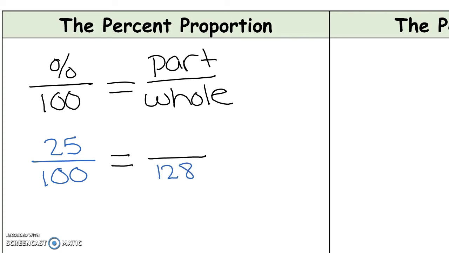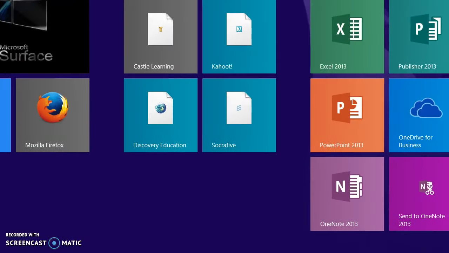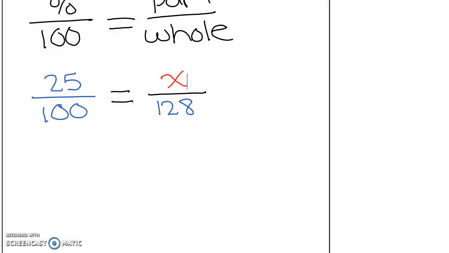We're looking for what part of the storage he's using, so we're going to use the variable x. Now there's a lot of different ways that we could solve this. We could simplify 25 over 100 to 1/4 if we wanted to, but for now I'm going to use cross multiplication since we just reviewed that. So I'm going to cross multiply.